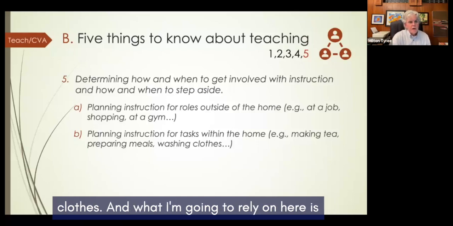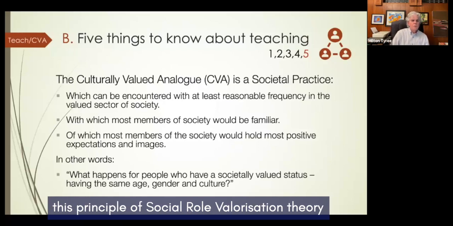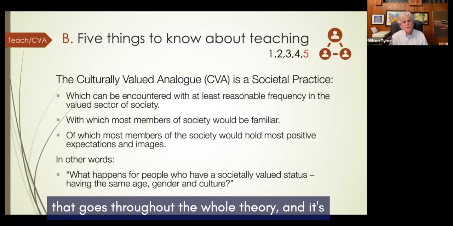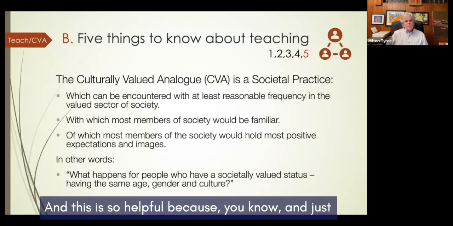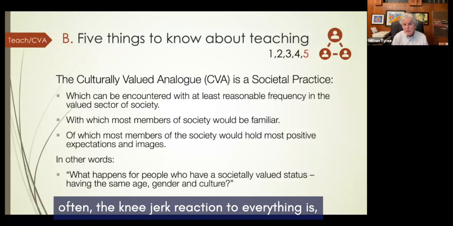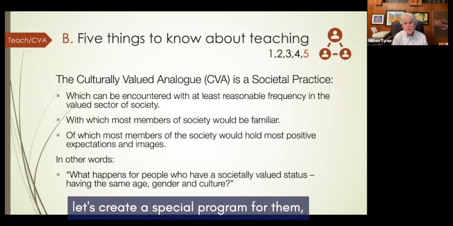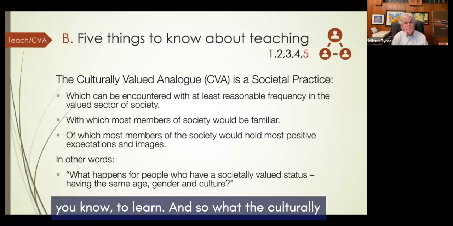And what I'm going to rely on here is this principle of social role valorization theory that goes throughout the whole theory. It's the culturally valued analog. And this is so helpful because, around people with intellectual disabilities, so often the knee-jerk reaction to everything is, let's create a special program for them to learn.